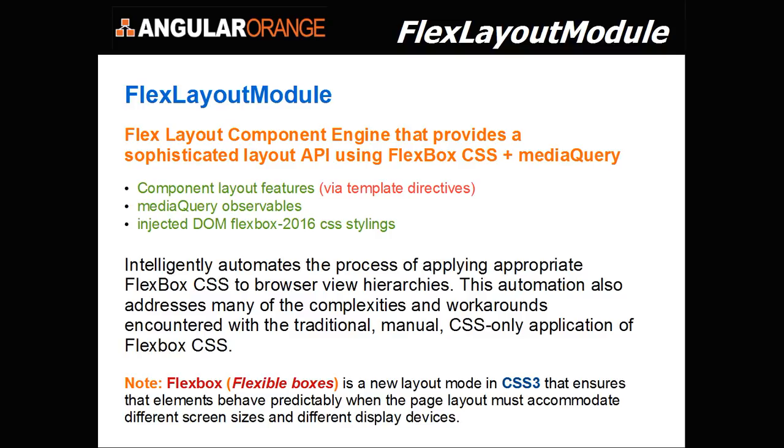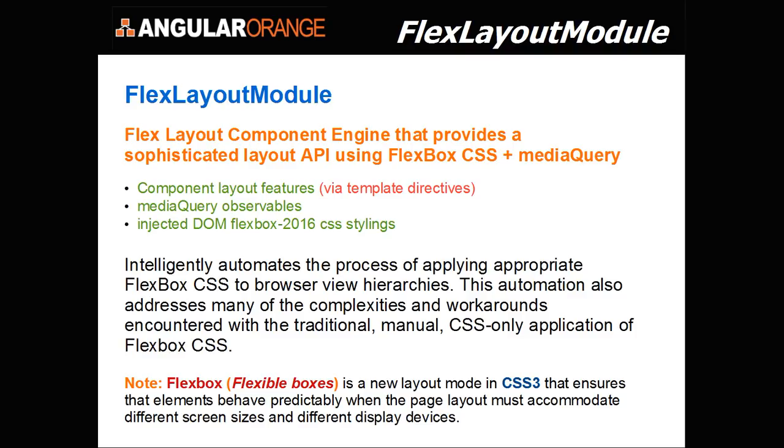And so basically what the Flex module does is it intelligently automates the process of applying appropriate Flexbox CSS to browser view hierarchies. This automation also addresses many of the complexities and workarounds encountered with the traditional manual CSS-only application of Flexbox CSS.